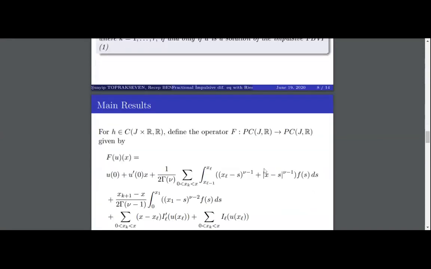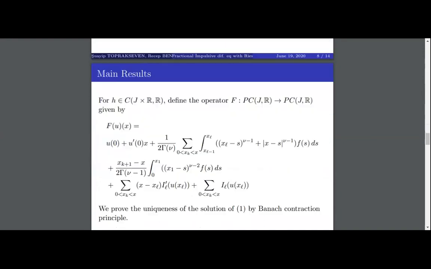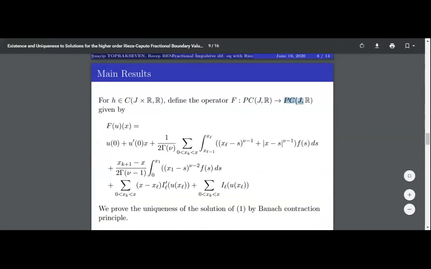But the main result I present here uses the Banach contraction mapping principle. So we define an operator from our function space to the function space, and our main goal is to show that this operator F has a unique fixed point, and this fixed point is the solution of our problem.